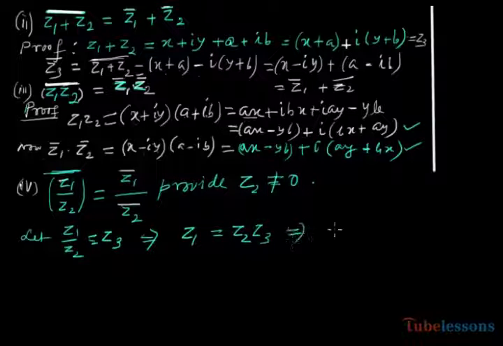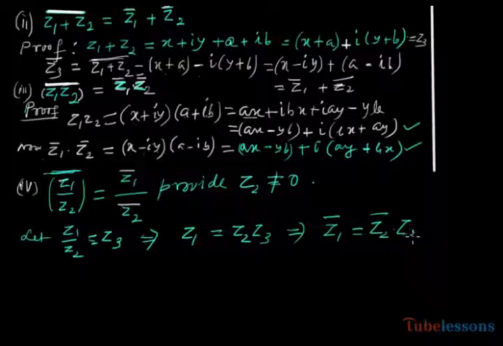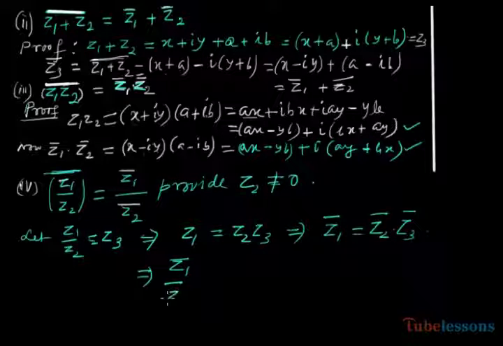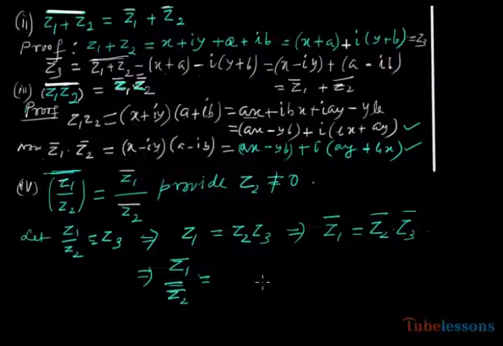Now if you take the conjugate, Z1 bar is equal to Z2 bar into Z3 bar. From this we are getting Z1 bar by Z2 bar is equal to Z3 bar, and Z3 means Z1 by Z2.